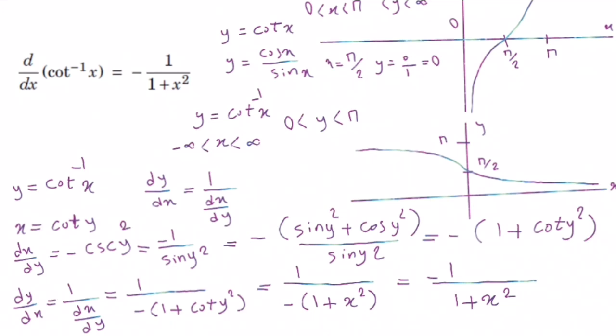And here the derivative formula is proved, and we can write the derivative of the inverse function of cotangent x with respect to x equals negative 1 over 1 plus x squared.